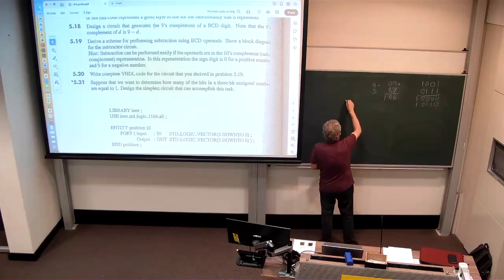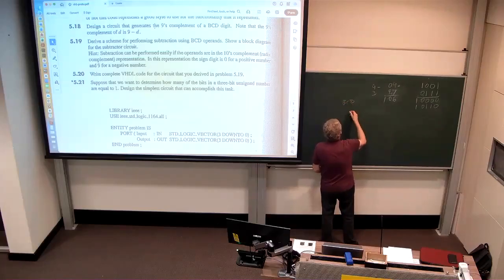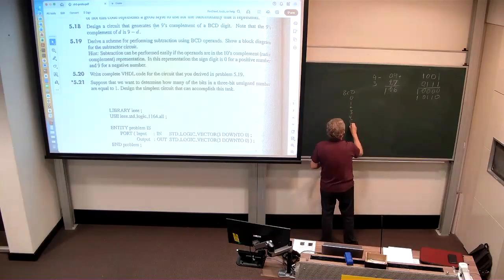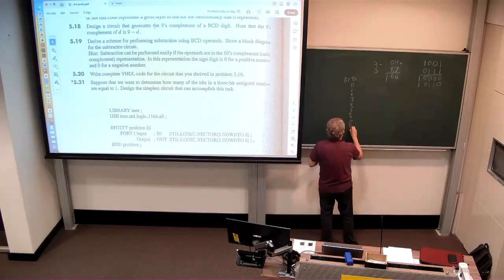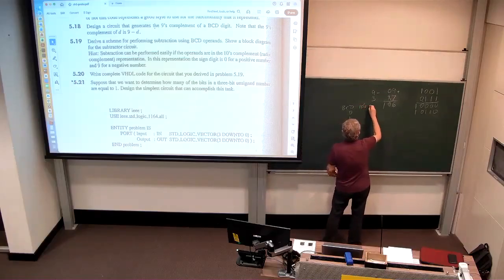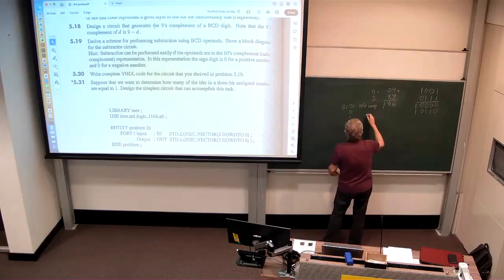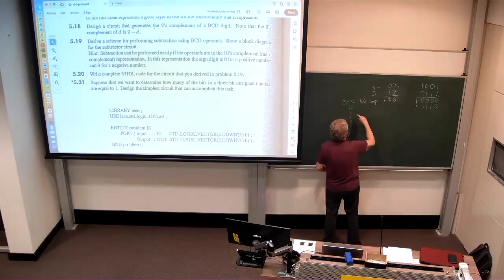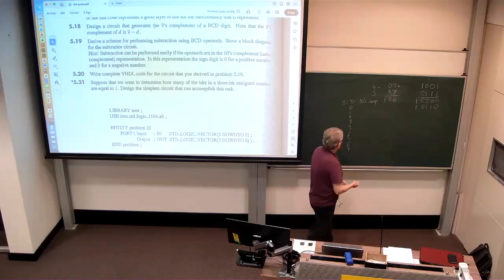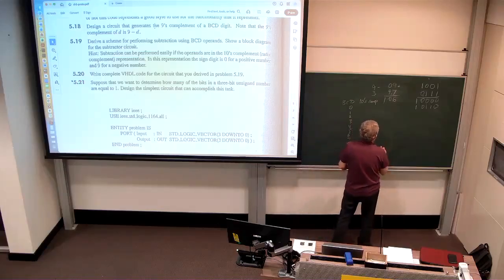So if you have the BCD digit 0, 1, 2, 3, 4, 5, 6, 7, 9, then its 10's complement is going to be 9 plus 1, which is going to be 10. I don't know how to represent that really realistically.